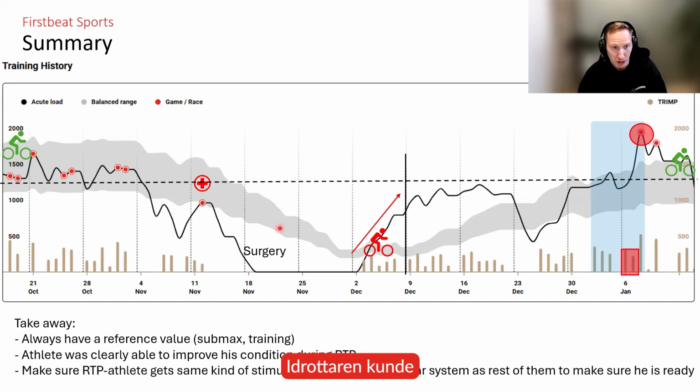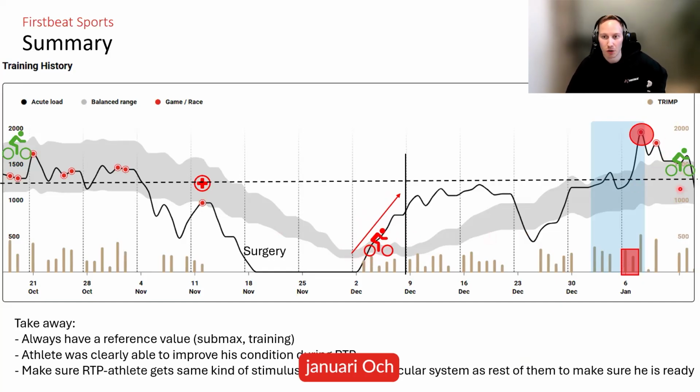The athlete was clearly able to improve his conditioning during RTP, so we started here from the poor results on the 4th of December, and then had good results on the 15th of January.